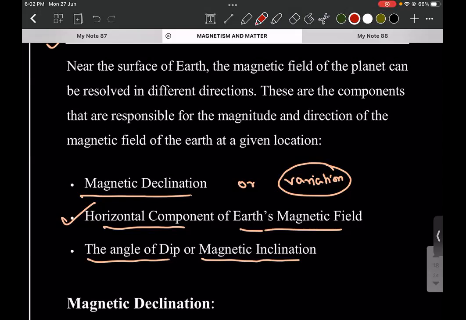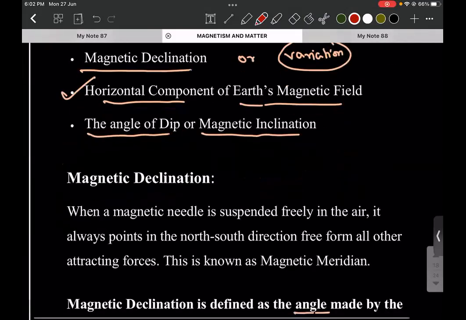What is it? It is the angle made by the Earth's magnetic field with the horizontal. Is that clear? The angle made by the Earth's magnetic field with the horizontal.